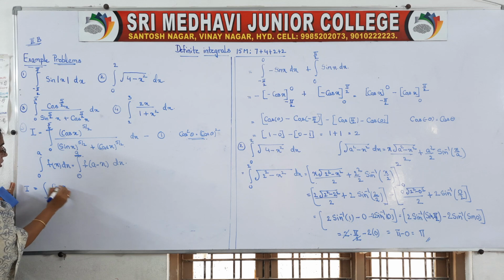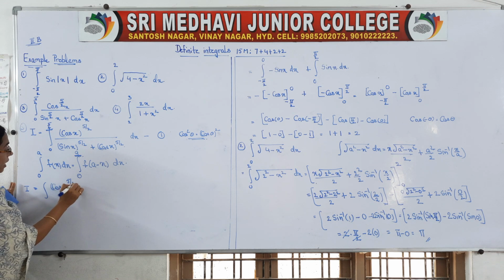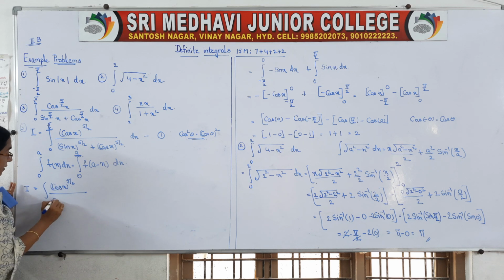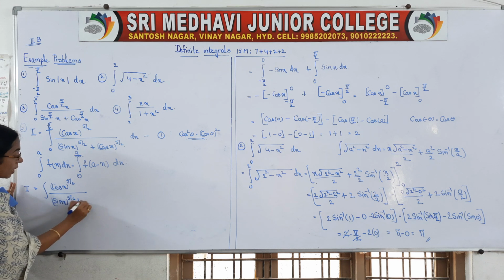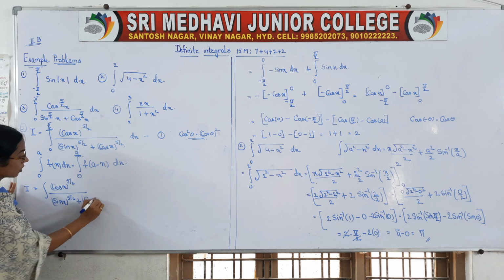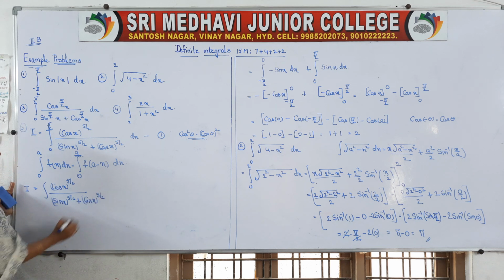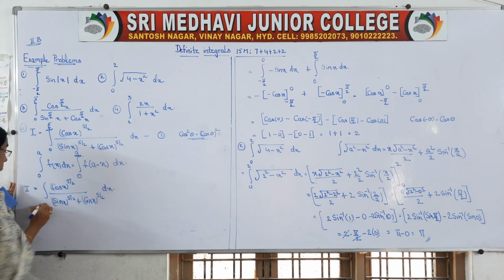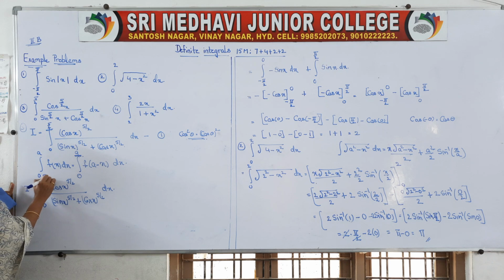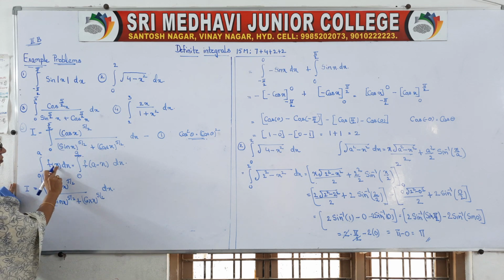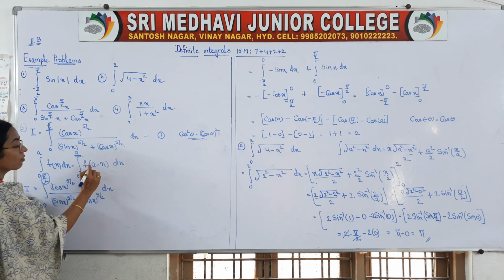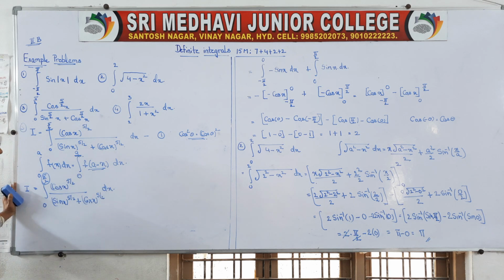Integral 0 to pi by 2 of cos x to the power of 5 by 2 by sin x to the power of 5 by 2 plus cos x to the power of 5 by 2 into dx. In place of a we have pi by 2, so in the function, wherever x is there, we have to take a minus x.